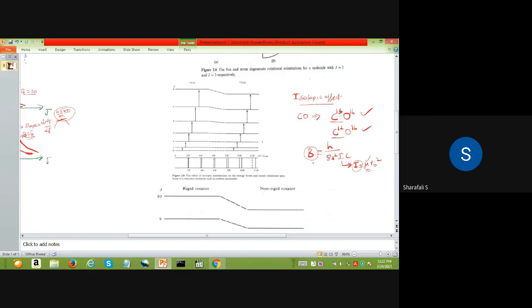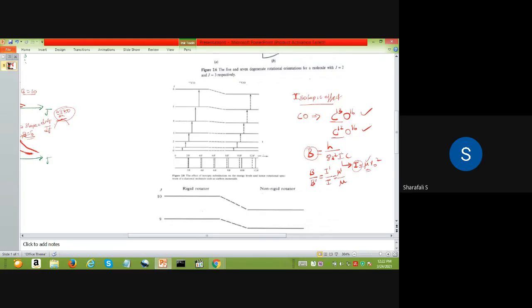Okay, and the relation between those parameters is like B by B dash, if you consider, which will be equal to, B is inversely proportional to I, so this will come as I dash by I, and this is nothing but mu dash by mu.